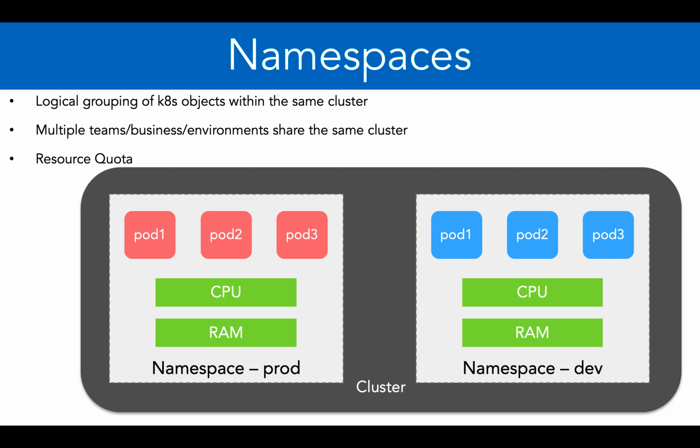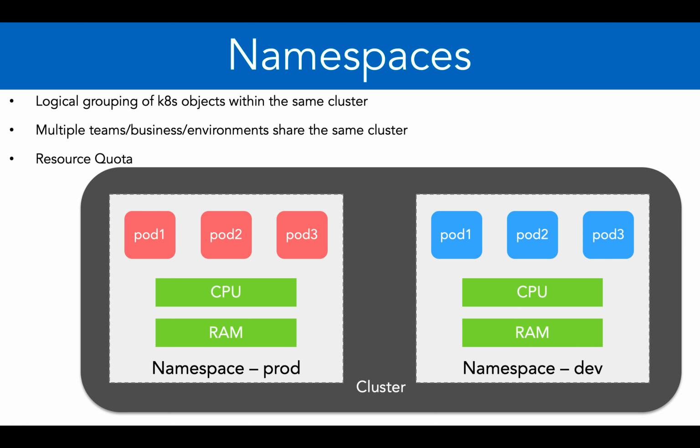We can create a resource quota object in such a way that prod namespace gets, let's say, 400 GB of RAM and dev namespace gets 100 GB of RAM, or prod namespace gets let's say 80 gigahertz of CPU and dev namespace gets 20 gigahertz of CPU. And similar things can be done with other hardware resources also, like storage.